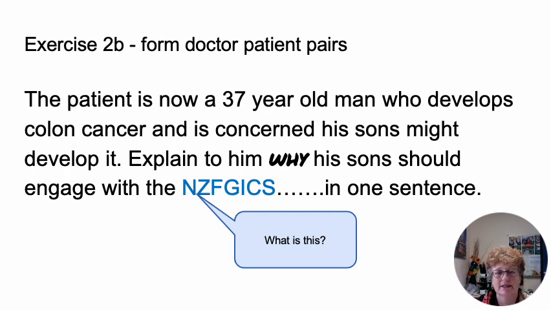So in one sentence, I would say perhaps something like this. Having a parent, brother, sister, or child with cancer may increase your chance of developing a cancer, particularly if they were young when first diagnosed. In a small number of families, there is an inherited mutation that increases your chance of developing cancer.